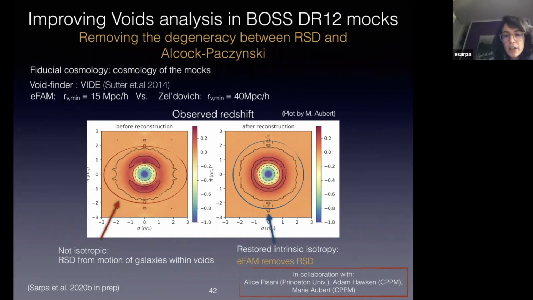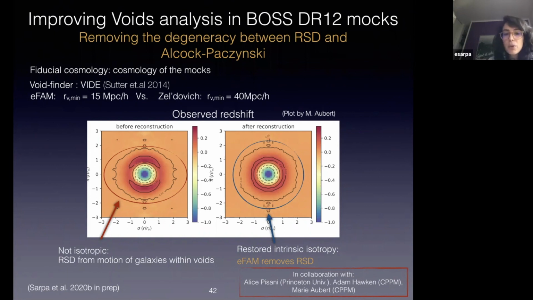So what we have done, we have used the reconstructed density field at the observed redshift, so only after having removed redshift space distortions, and we have computed the cross-correlation function. You see the results on the right panel, and there is no longer the presence of those two banana shapes, and the isotropy is almost fully restored. So we can say that we can use reconstruction to break the degeneracy between RSDs and Alcock-Paczynski.